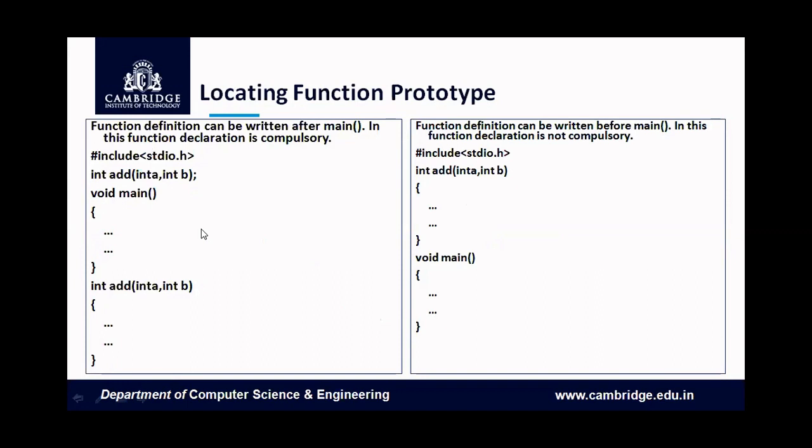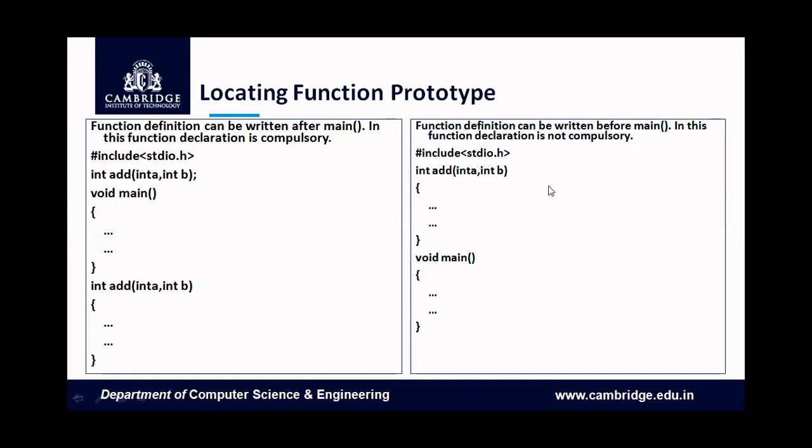In general, if I write the function definition after a function call, the compiler always searches on the top: is there any declaration for such a function? If yes, it goes, searches and executes that particular thing. So when you are writing a function definition after the function call, you have to include the function declaration on the top of the main function.